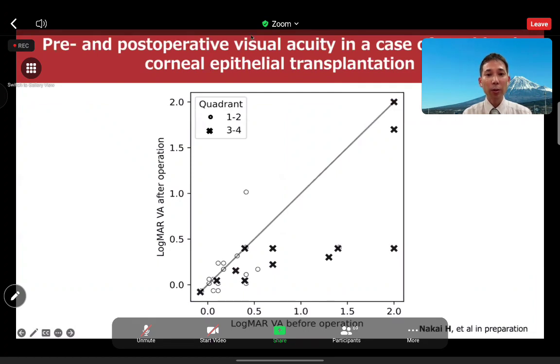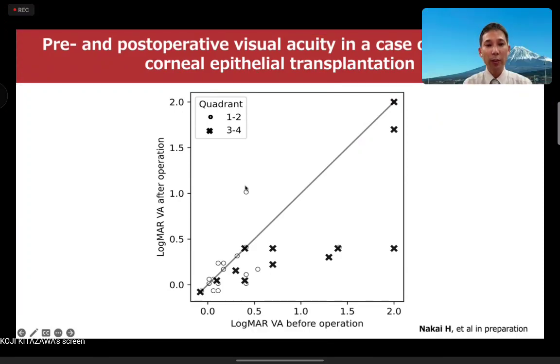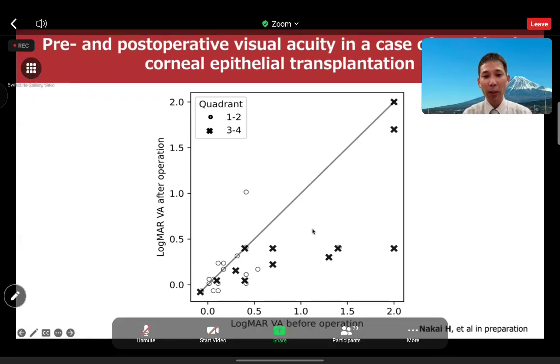And then also in this analysis, most of the cases did show the improvement of the visual acuity. At least their visual acuity remained and they maintained in most of the cases.